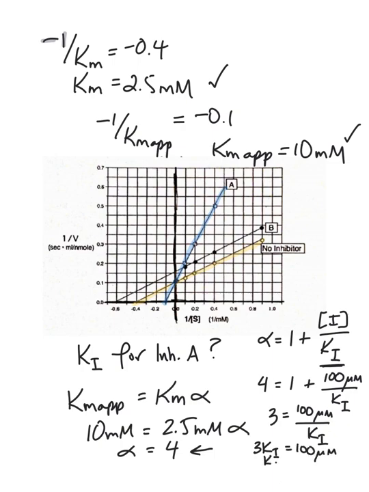So your Ki equals 100 divided by 3, which is 33.3 micromolar. In the key, there's a conversion to millimolar, so then your answer would be 3 decimal places different. It's 0.0333. But as long as your units match, makes sense with the math that you did, then you got the question right.